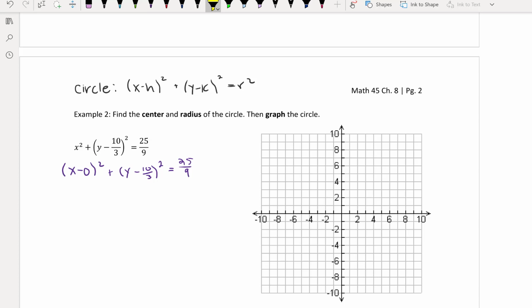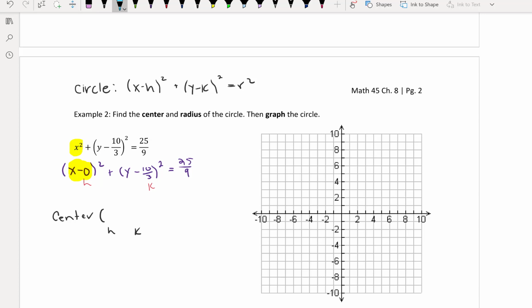I just really wanted to make sure that you notice that just because you have that x squared, it doesn't mean that you don't have an h value. It just defaults so that your h value is 0. So now you have your h value and your k value, and your center, since it's (h, k), is pinpointed.